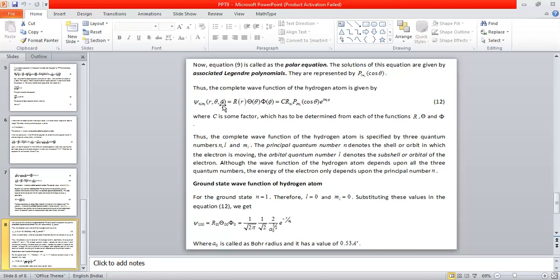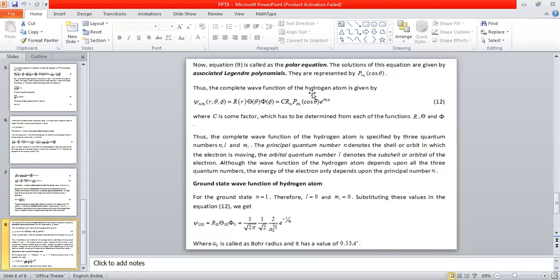So the complete wave function of the hydrogen atom, which is a function of r, theta, and phi in spherical polar coordinates, depends on three quantum numbers: principal quantum number N, orbital quantum number L, and magnetic orbital quantum number M. It is given by the product of three functions: capital R of r, capital theta of small theta, and capital phi of phi.